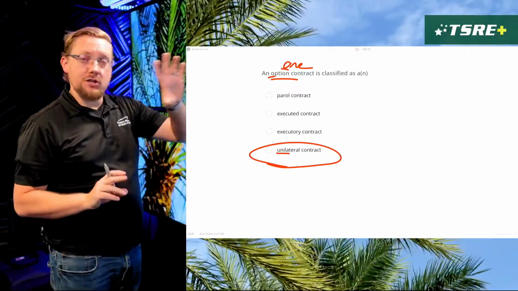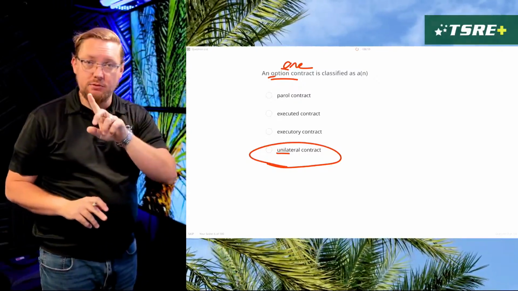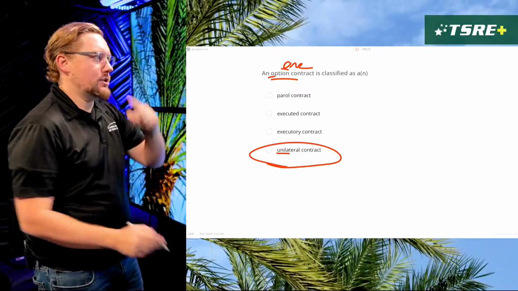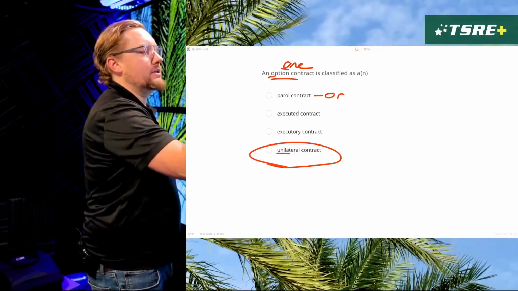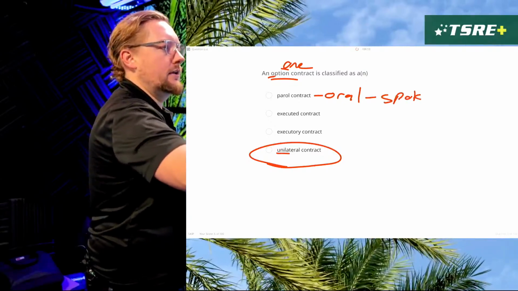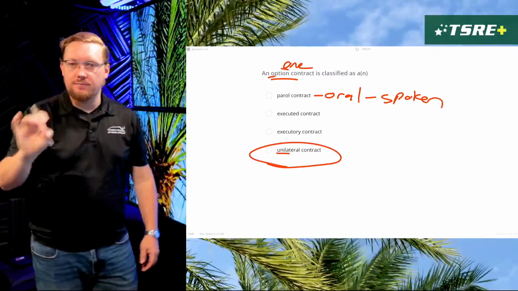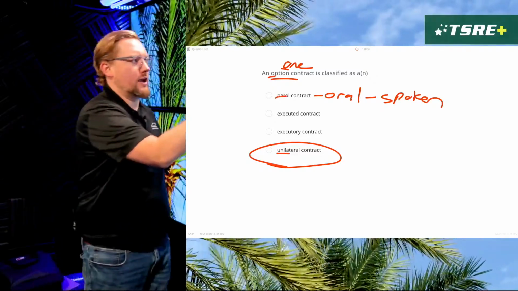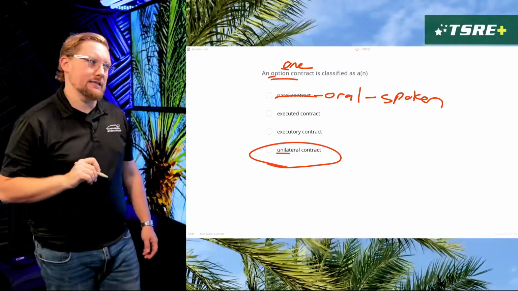But all these other things are real things, so let's take a moment and explain what they are and why they're not this. A parol contract means an oral or spoken contract. Nothing in this question talks about it being an oral or spoken contract, so that's why option A is not the answer.